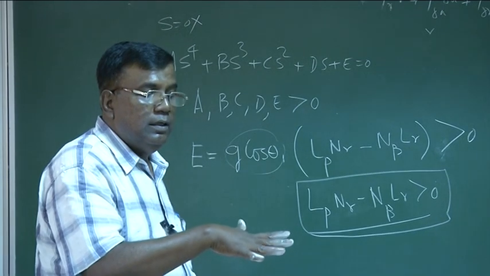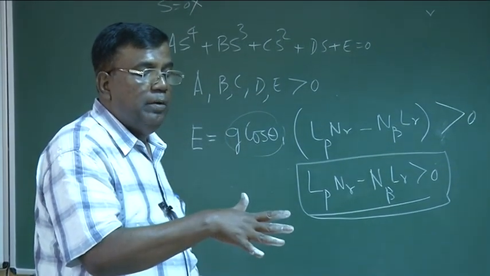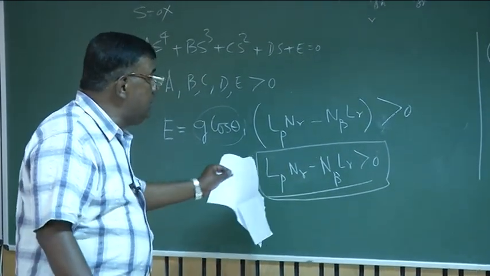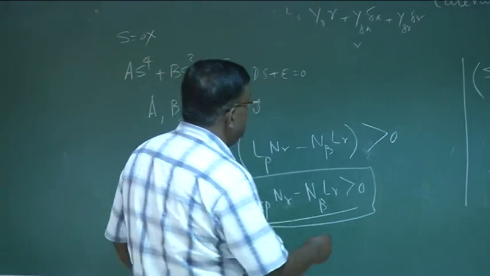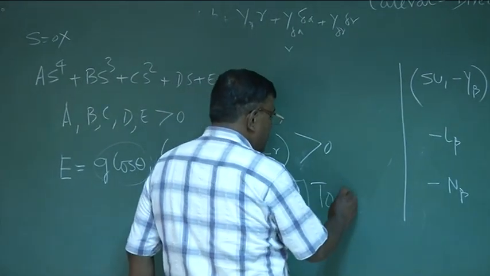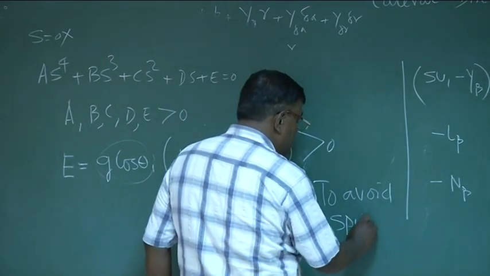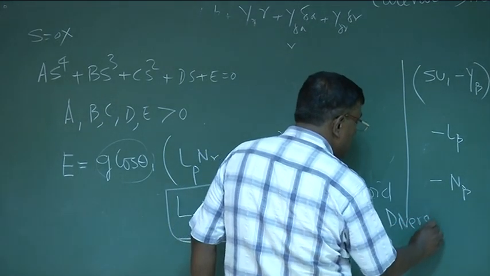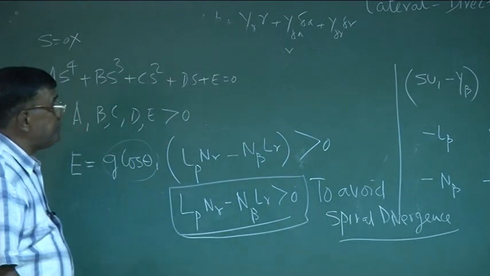As it turns like this, the velocity of the left wing increases, again it banks. So it goes like this, unless and until this condition is satisfied. Okay? So this is very, very important to avoid spiral divergence.